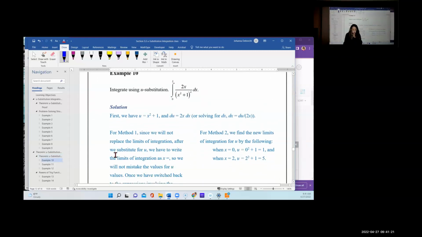So we're going to work through example 10 with both methods on either side. So we have the integral from 0 to 2 of 2x divided by the quantity x squared plus 1, quantity squared. Now, when we write this, this is x equal to 0 and x equal to 2. It's understood that those are x values because the differential is dx.